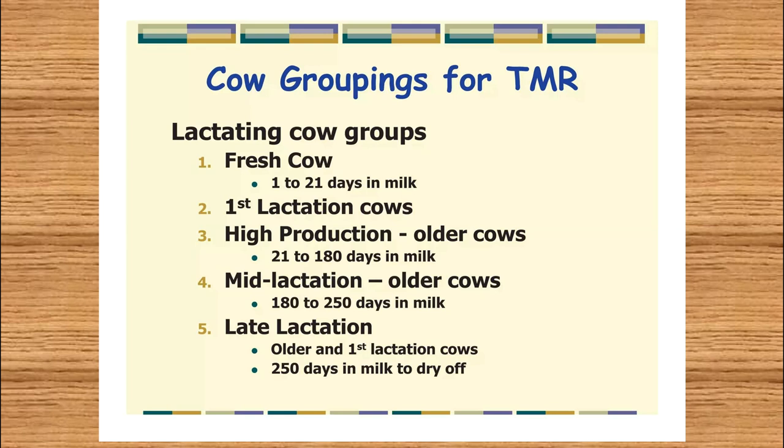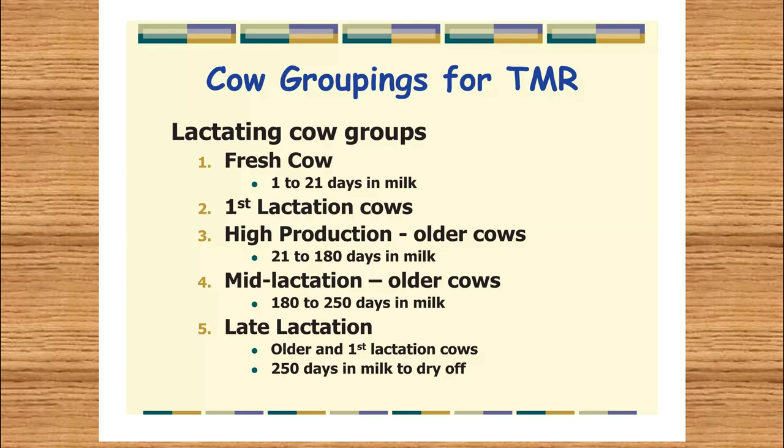Whereas the first lactation cows, then some of the cows are very high yielding or little older cows which yield about 21 to 180 days in milk. So this is the little range. So mid lactation or older cows 180 to 250 days in milk. So these are classified in different categories.